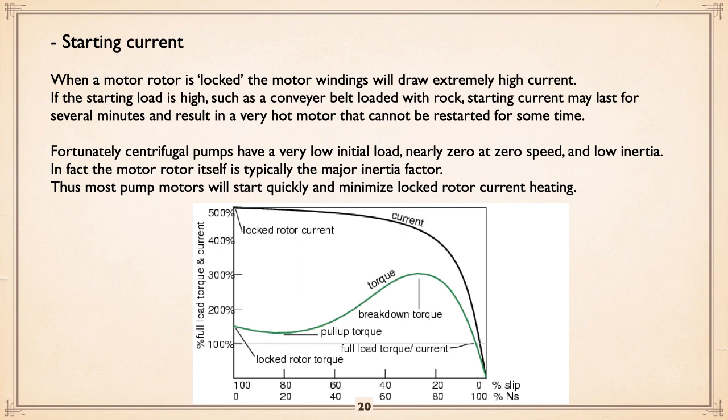In fact, the motor rotor itself is the major inertia load the motor is seeing. Therefore, most pump motors will start very quickly and minimize locked rotor current heating. You get very high inertial loads, as we'll get to in a minute, like starting a conveyor belt, but the centrifugal pump is fairly quick and dirty.